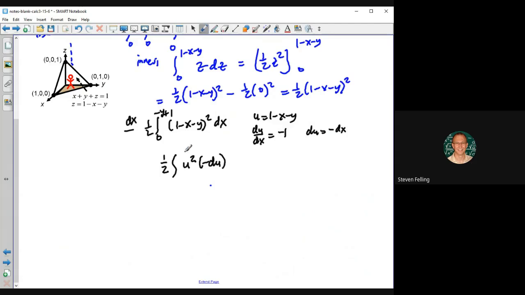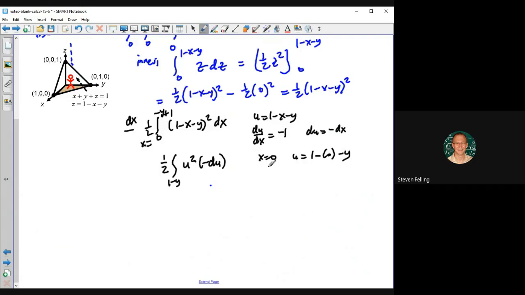And I need new limits of integration. So if x equals 0, what would u be? u would be 1 minus 0 minus y, so u would be 1 minus y. So when x is 0, this has to become 1 minus y, okay?